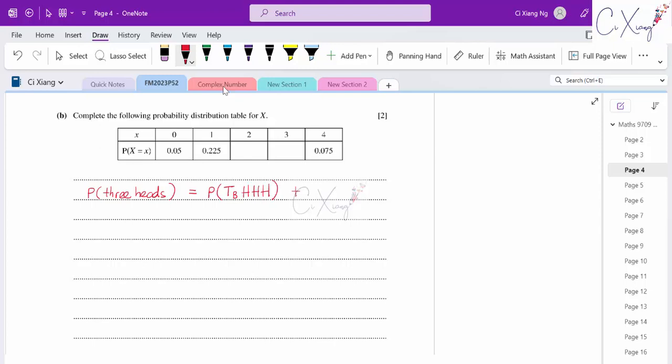Then plus, now how about if for my biased coin, I had the head. That means for the normal coins or the fair coins, I should have only 2 heads among 3 of them. So for the fair coins, I have 2 heads with 1 tail.